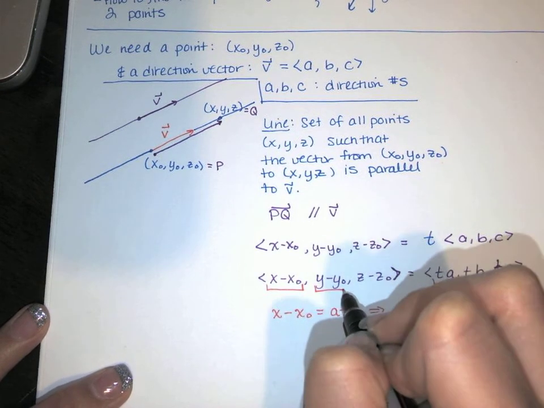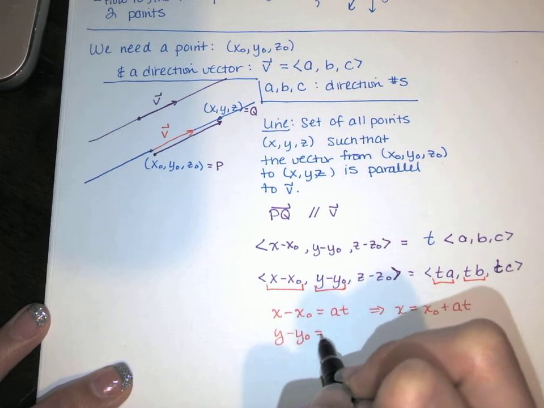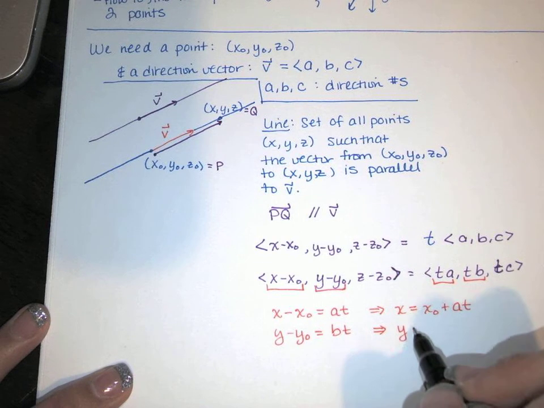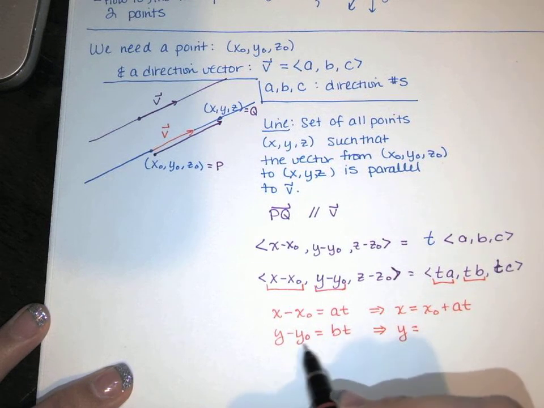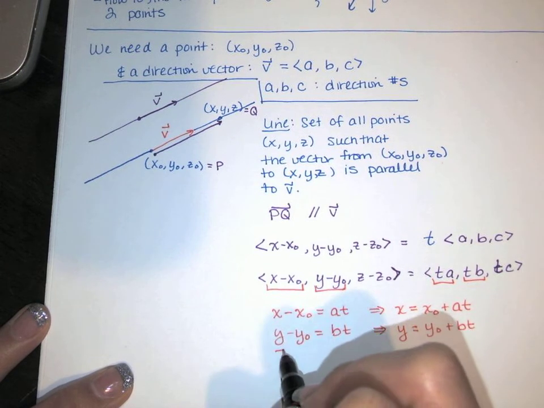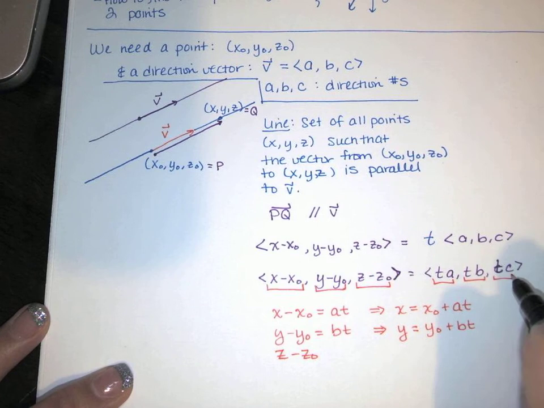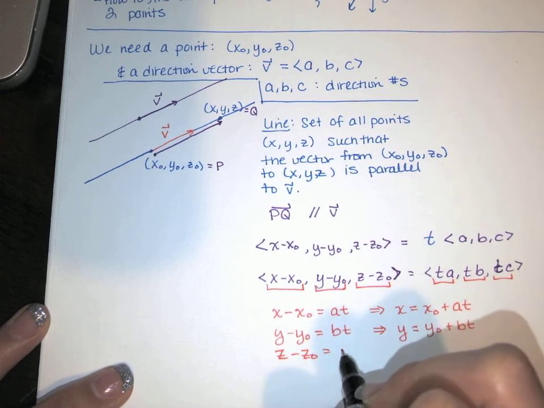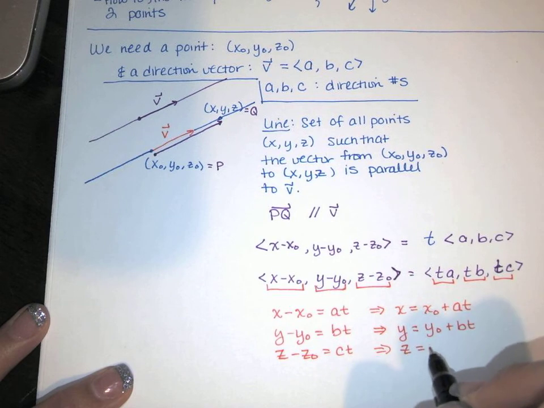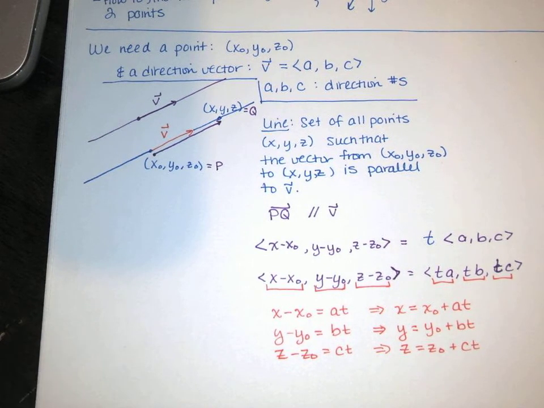And similarly, the y component here has to be equal to the y component there. So y has to equal, if I add the y naught to both sides, y naught plus bt. And the z component on this side has to equal the z component on that side. So if I add z naught to both sides, I get z naught plus ct.